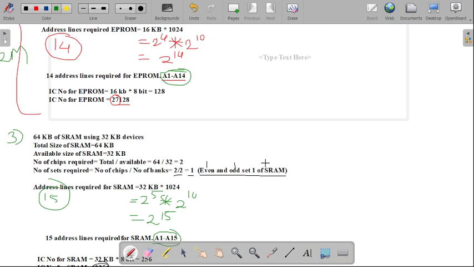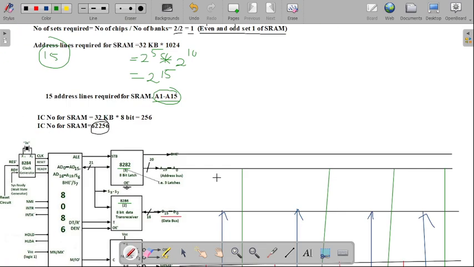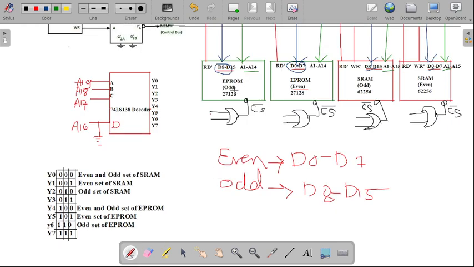Now we have to connect our bus high enable signal and our address line, that is A0, to our even and odd set of memory bank. So whenever this is an odd set of memory bank, I am writing here bus high enable signal for our EPROM as well as our SRAM.